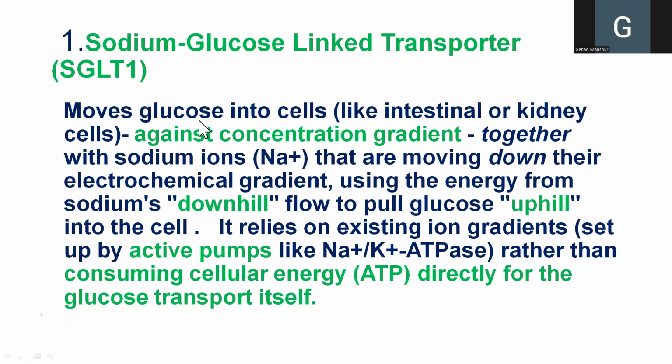So this symporter we have just talked about is the sodium glucose linked transporter. We call it linked because the active transport of glucose is linked to the facilitated diffusion of sodium, and this is which we abbreviate with this acronym, SGLT1, because there is another sodium glucose linked transporter too.